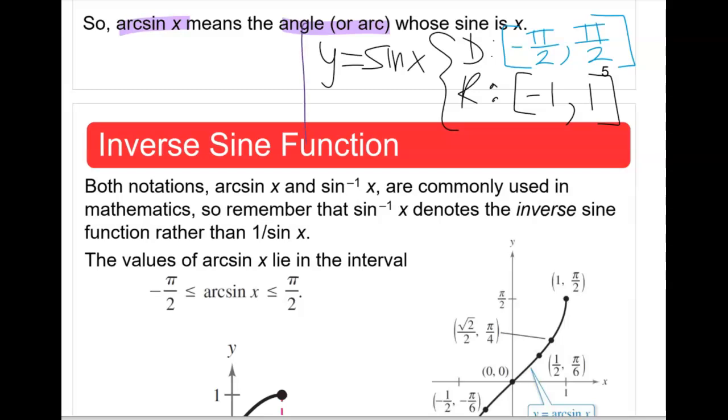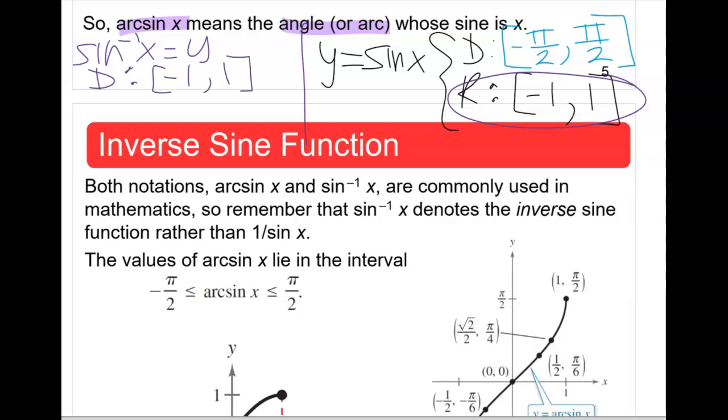Now, if we talk about sine inverse of x, in this case, the domain is what used to be the range here, from -1 to 1, and the range is going to be what used to be the domain in the sine function.